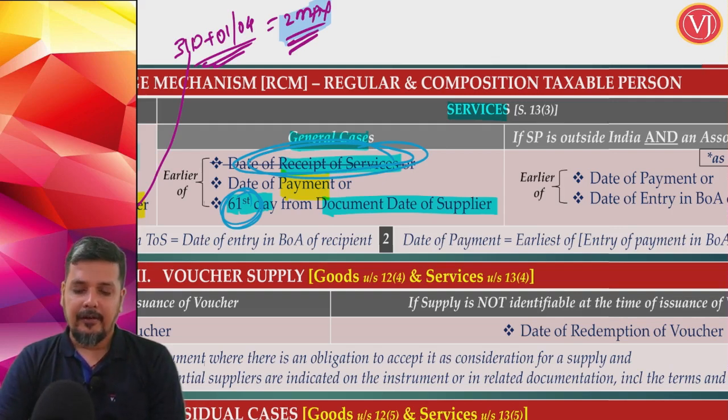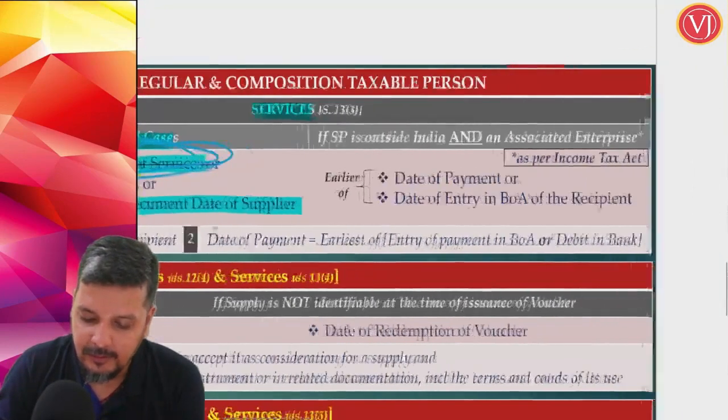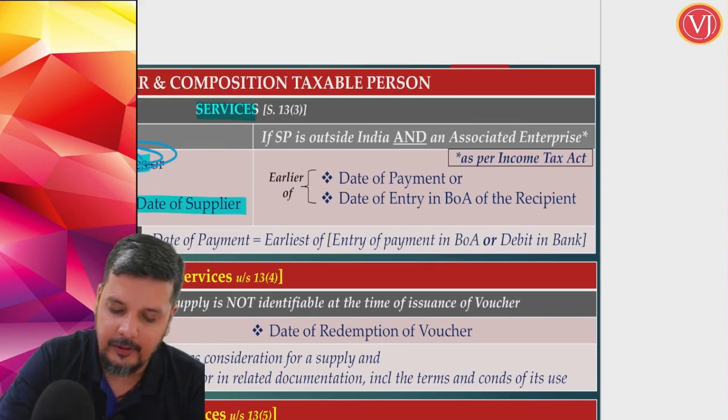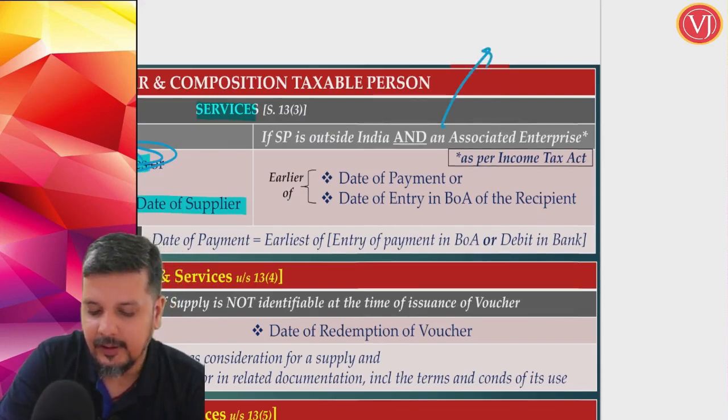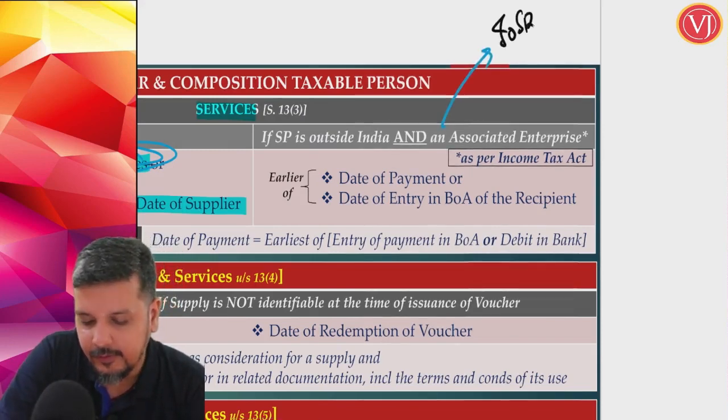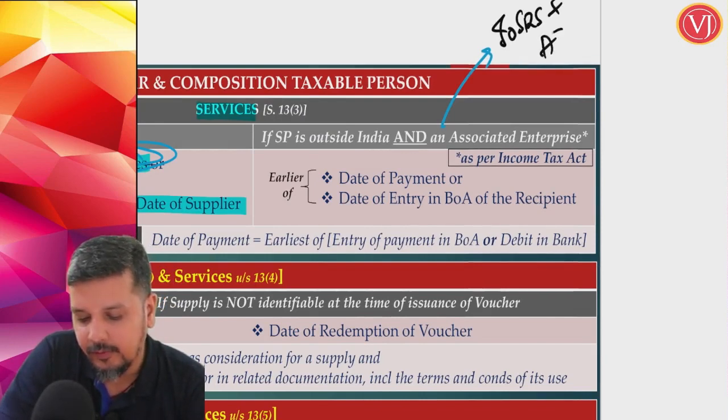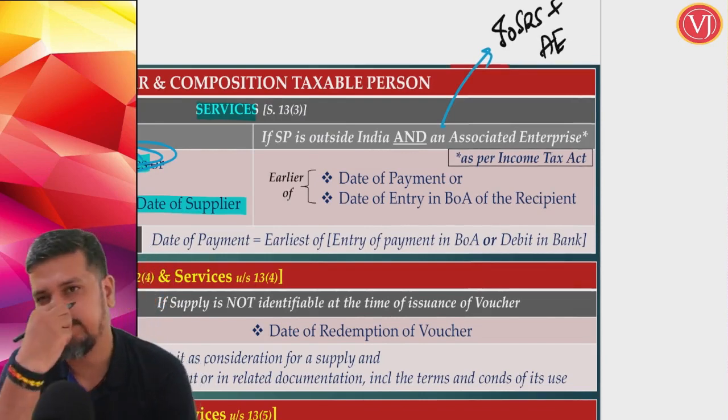Right. Now, the service sector has 2 scenarios. For goods, 1 scenario seen. For services, the general scenario seen. It has a special scenario. What is that special scenario? You have to remember it this way: it is nothing but importation of services from associated enterprises.